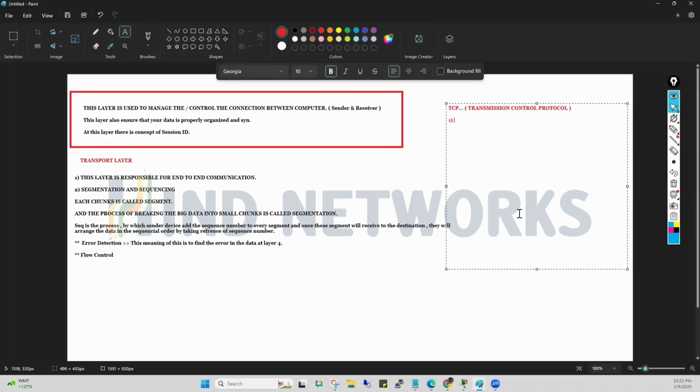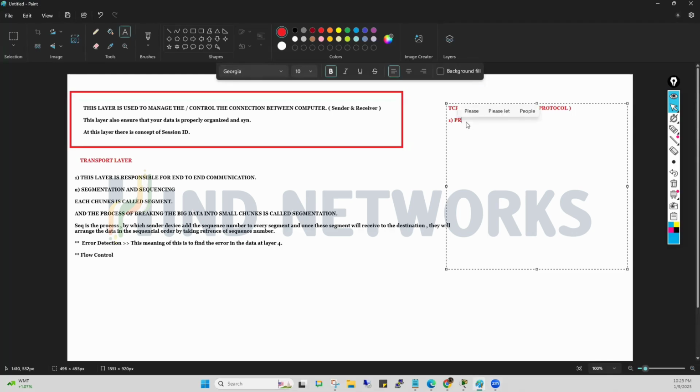Transmission control protocol. Clear? First point. Who can tell me what protocol number ICMP uses? In yesterday's class, I told you. Exactly. Excellent. 1. In the same way, TCP uses protocol number 6.